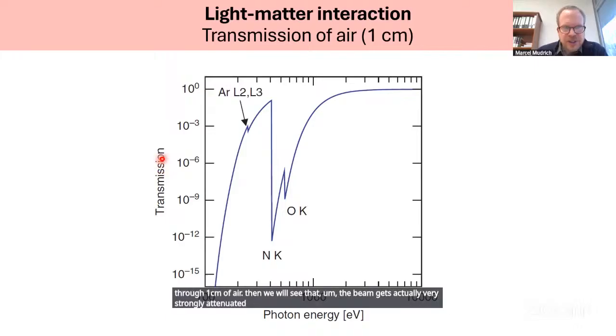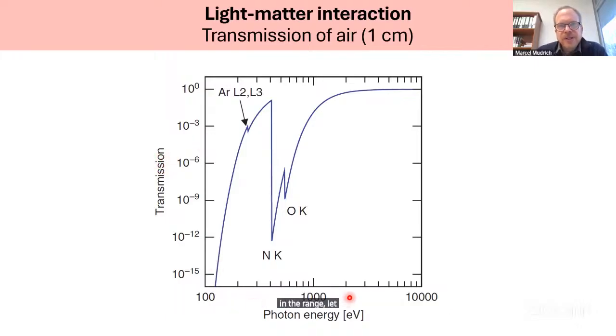So the transmission is very low in the range up to a few keV, a few kilo electron volts. And there are again these steps in the transmission spectrum, which are due to the L edges.